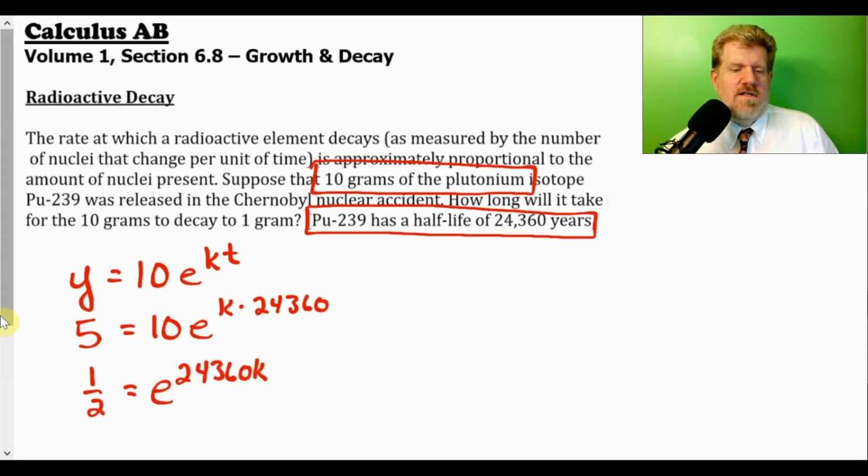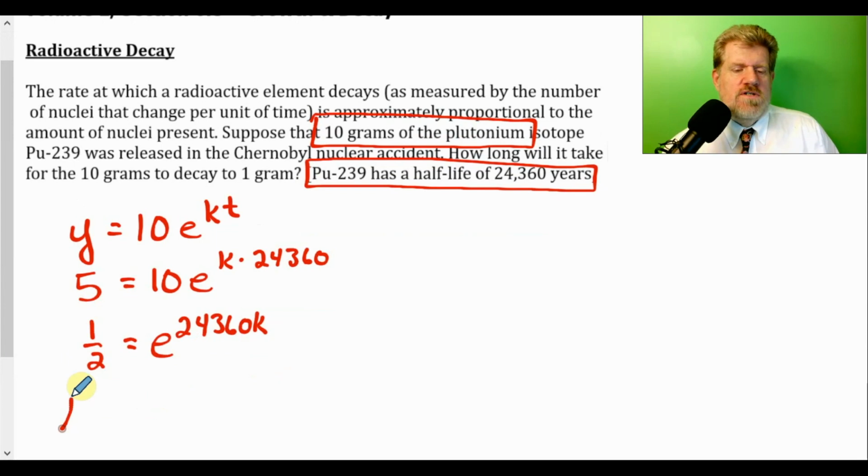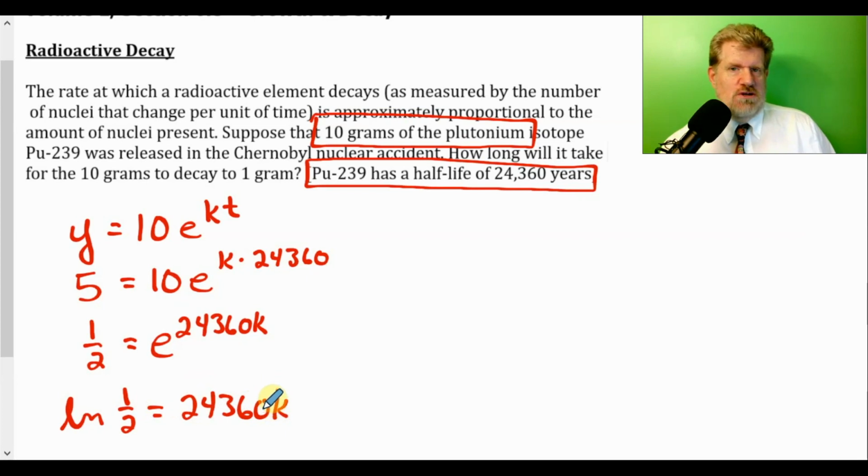All right, again, we're going to do our inverse, which is natural log. Natural log of 1/2. Remember, any natural log of a number greater than 0 and less than 1 is negative. Now this number is going to be a little tiny because it's taken a long time to get there.